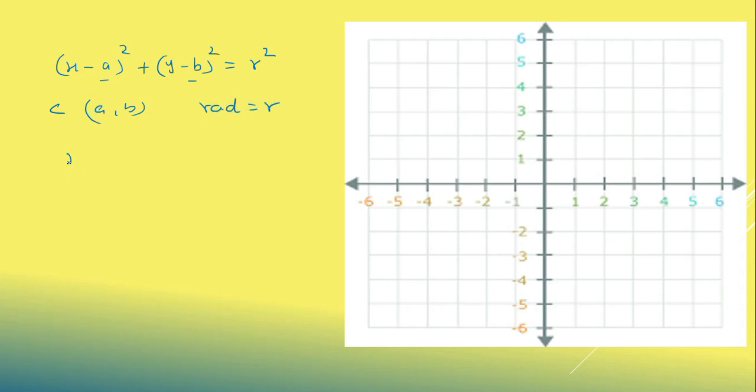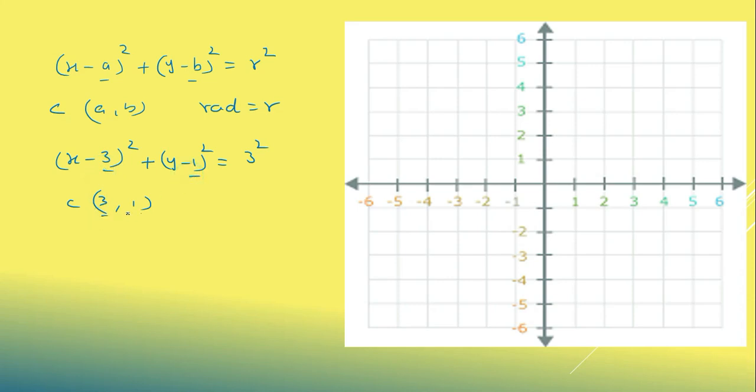Okay, for example, if I write (x minus 3) whole square plus (y minus 1) whole square is equal to 3 square, then its center is (3, 1).